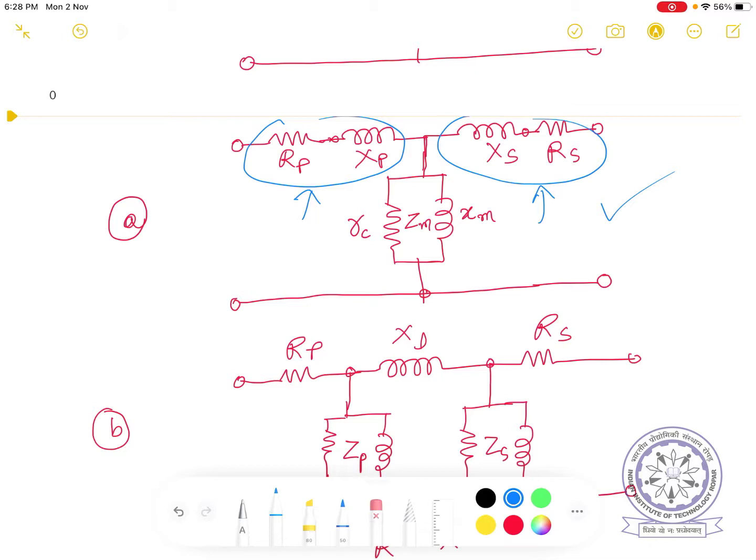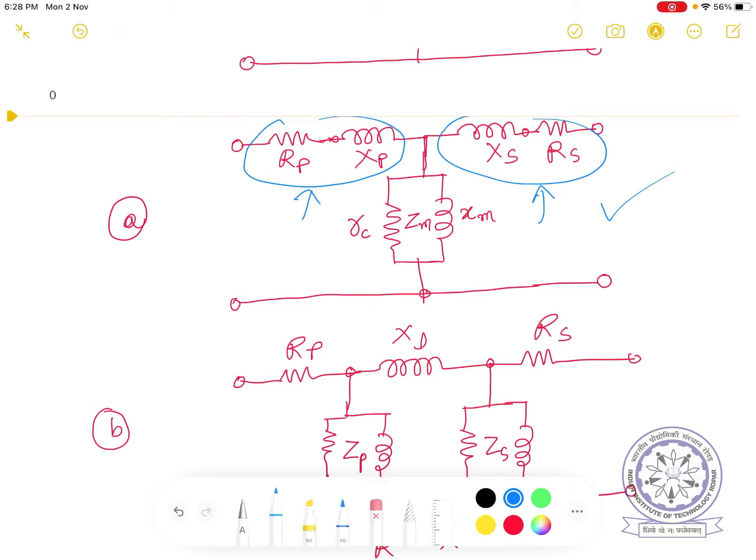One way is to separate them by assuming that both of them are equal, but both the windings are not actually equivalent. One of the windings will have thicker wires and the other will have thin wire.